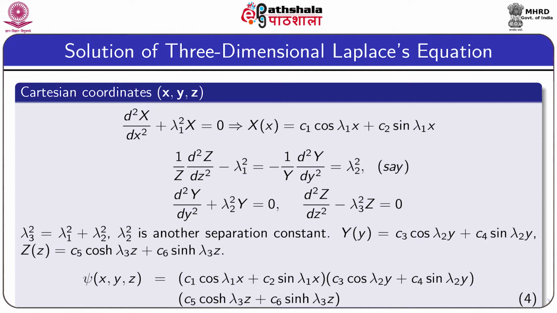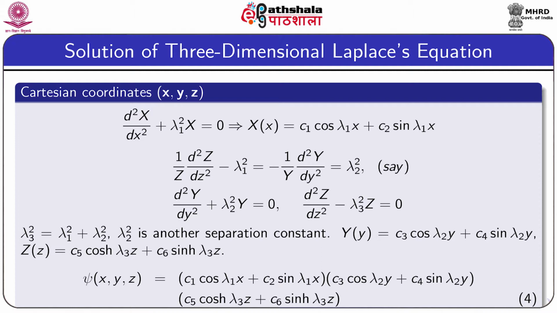Capital Y equals C3 cos lambda 2 y plus C4 sin lambda 2 y, where both C3 and C4 are constants.